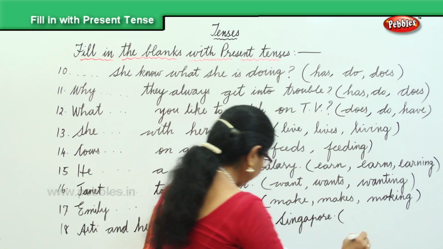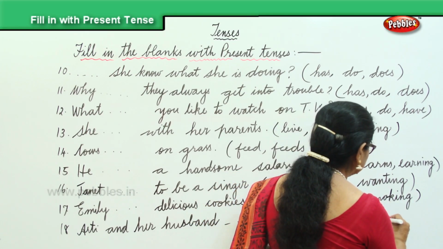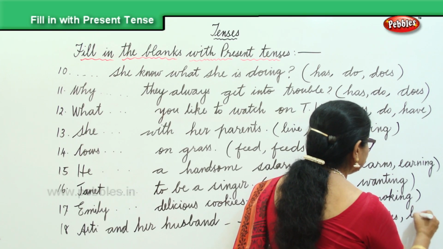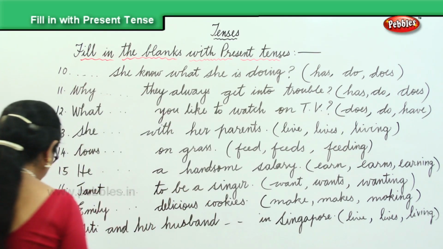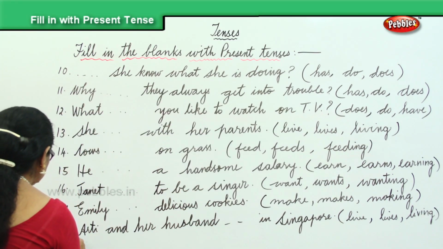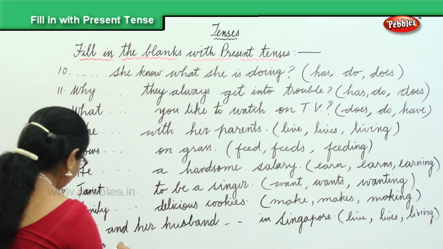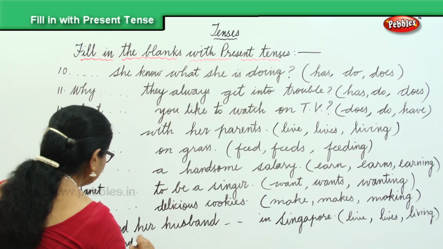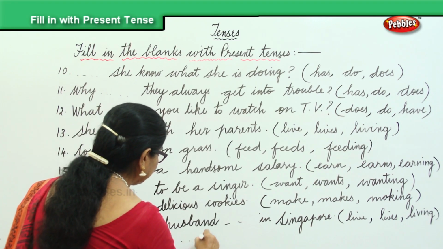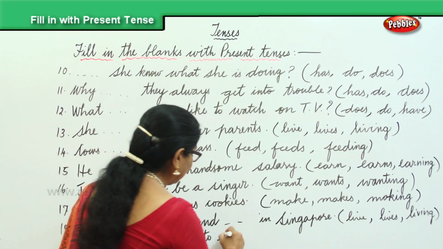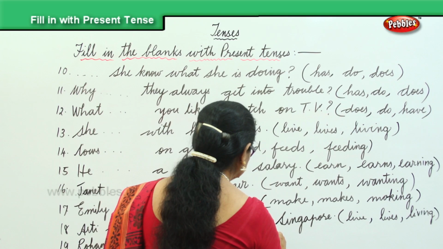And you have words like live, lives, living. Rohan and Sanya dash to play card games.